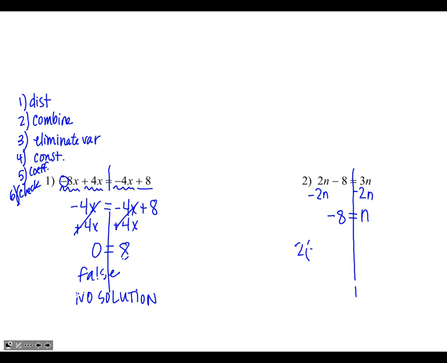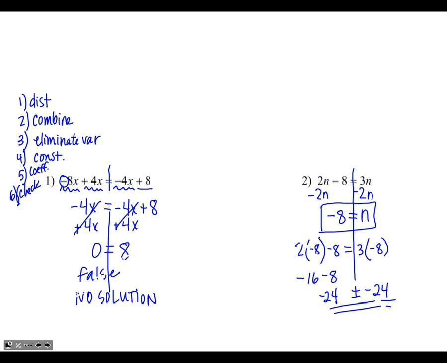I'm going to go 2 times negative 8 minus 8, and does that equal 3 times negative 8? 2 times negative 8, positive times negative is negative, and that would be negative 16 minus 8. The signs are the same, so I'm going to add and keep the sign. 16 plus 8 is 24, and that'll be negative. And over here, 3 times negative 8. Positive times negative is negative. 3 times 8 is 24. So that works, and that problem had one solution.